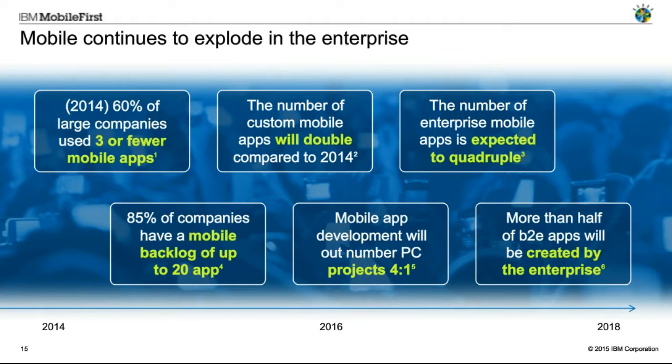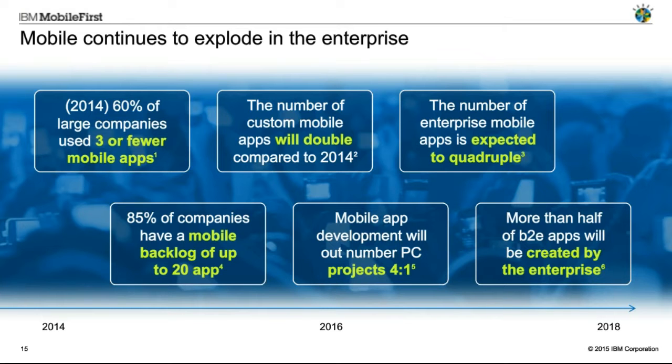That equals a tremendous number of mobile applications that enterprises are building both internally for their organizations and their own people, but also externally for their clients and their business partners, to address the fact that you can get much more speed and productivity by providing these tools in a mobile-centric way.